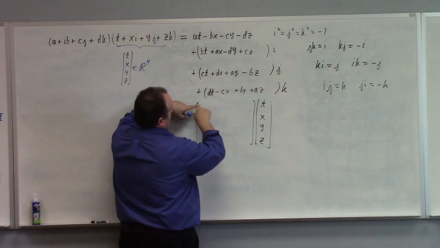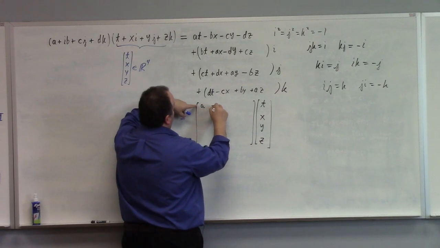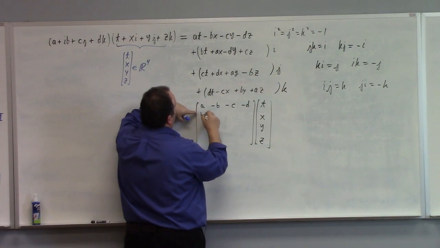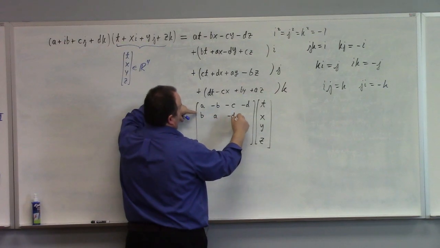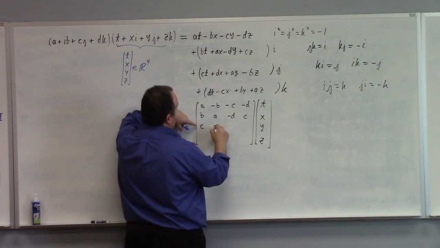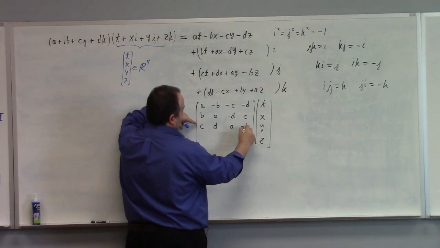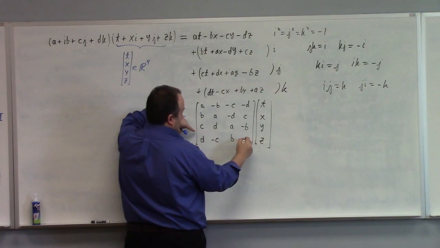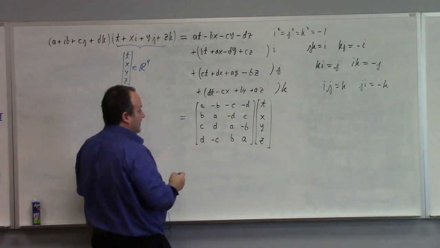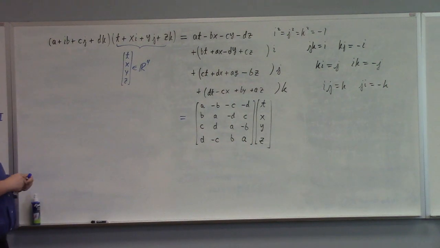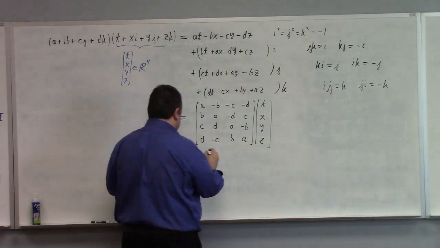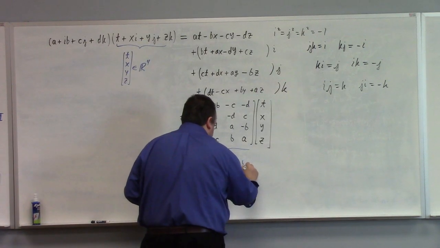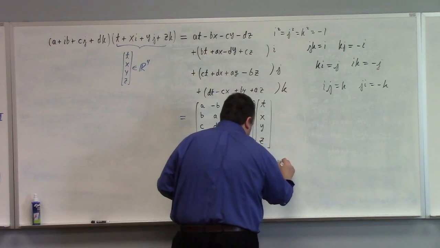To get the first row, I put A, minus B, minus C, minus D. Then I've got B, A, minus D, C. Then I've got C, D, A, minus B. Then I've got D, minus C, B, and A. That I would call, right here, the matrix of the quaternion A plus BI plus CJ plus DK.